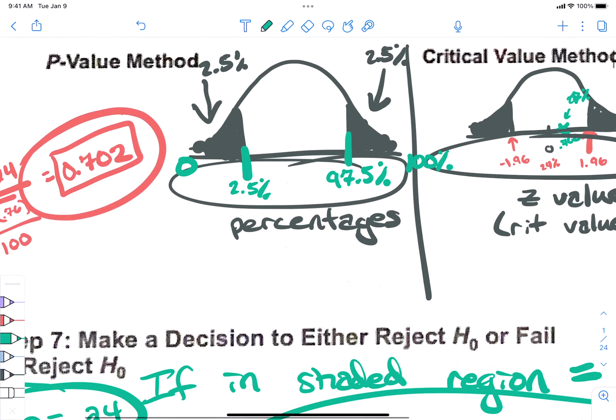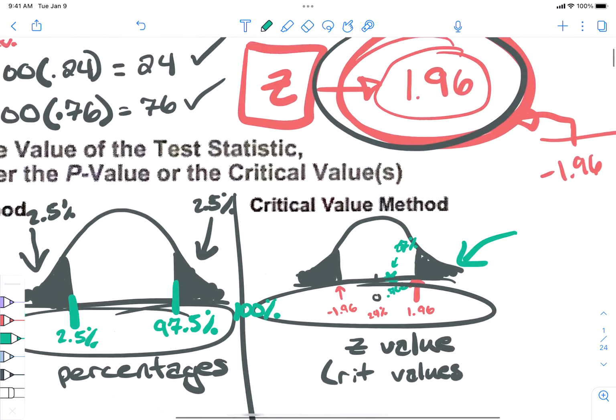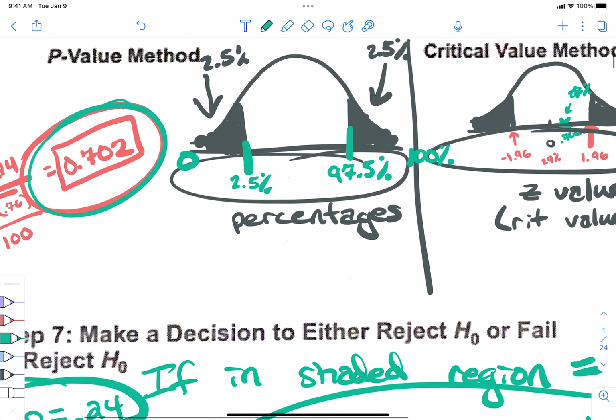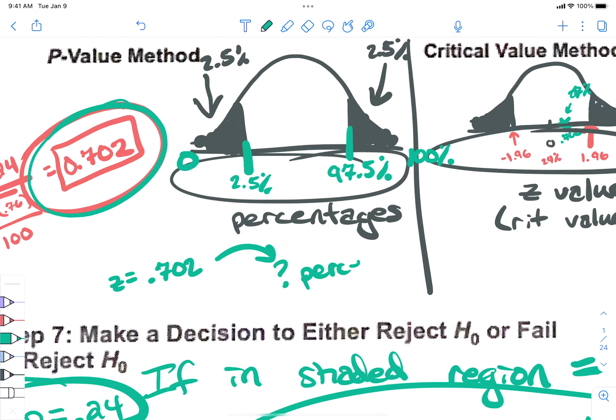Here's how this works. Rather than comparing the 0.702 to the 1.96, we are going to go to the chart and take 0.702 and say a z value of 0.702 equals what percent? Go to your normal bell curve chart.